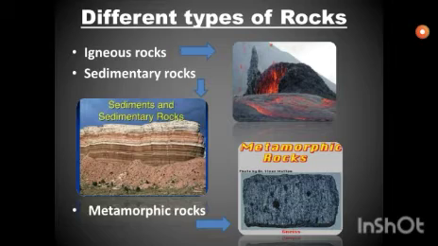The different types of rocks that are present are: the first type is igneous rocks, the second is sedimentary rocks, and the third one is metamorphic rocks. These rocks are formed from different processes, so they are named differently. Let us study them one by one and know exactly how they are formed, what their properties are, and why they are called so.